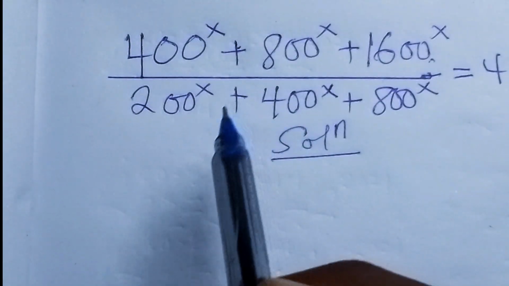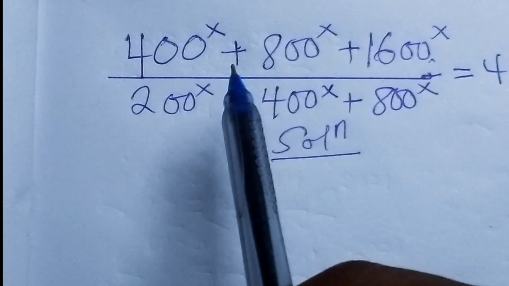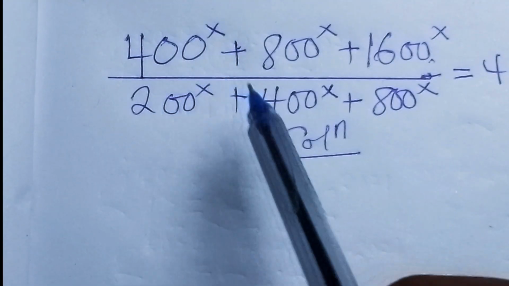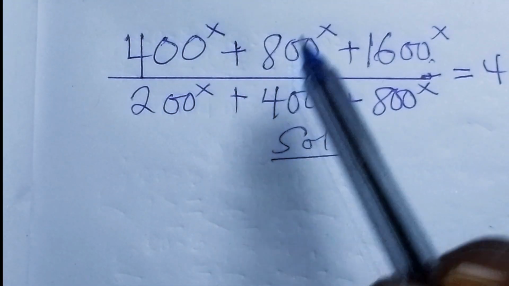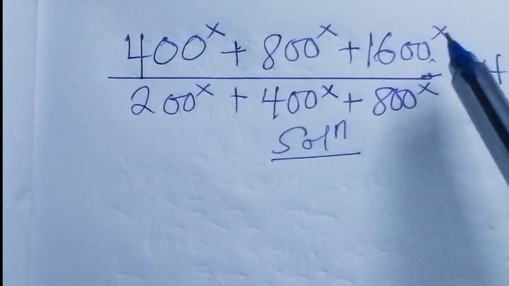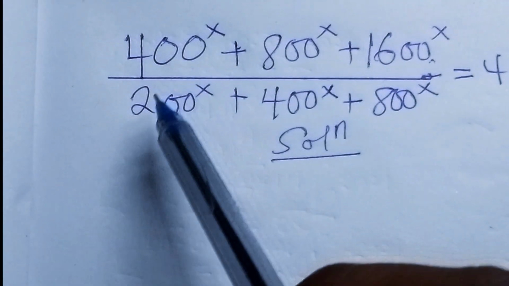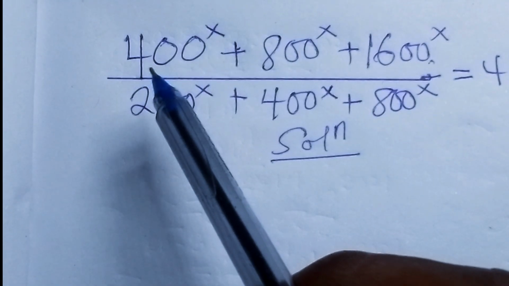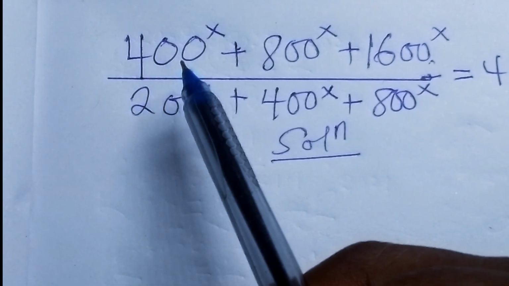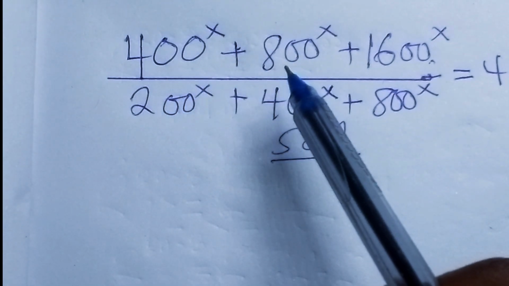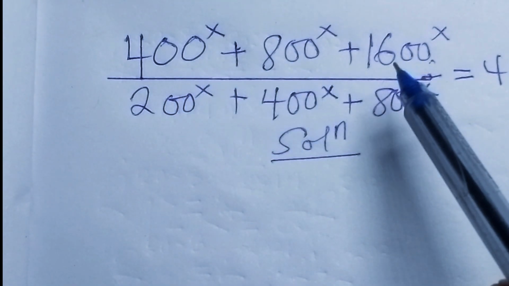Looking at the numerator of this equation, 400^x + 800^x + 1600^x, we can verify that 400 goes into itself 1 time, into 800 2 times, and into 1600 4 times.